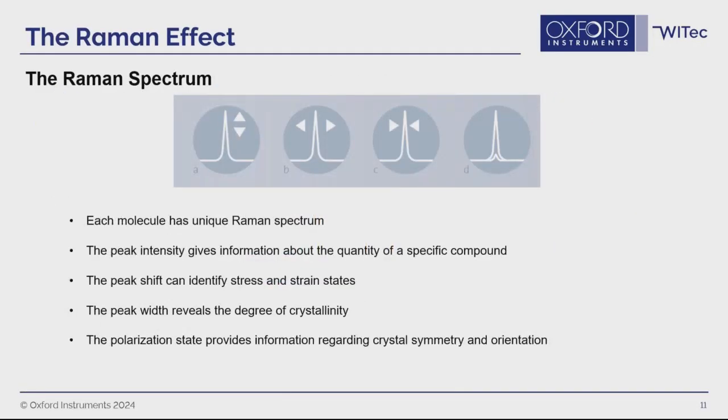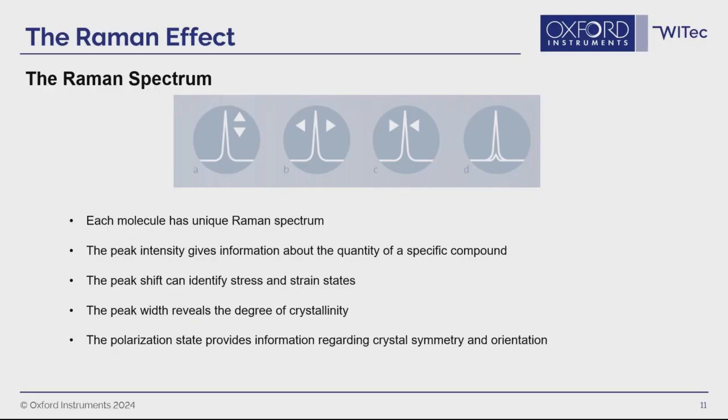Each molecule or crystalline structure exhibits its unique Raman spectrum. Therefore, the peak intensity can give you information about the quantity of a specific compound or the quantity of a specific atom bond within a crystal lattice, for example. The peak shift can provide you information about the stress and strain within the materials, which will be one of our main topics later.